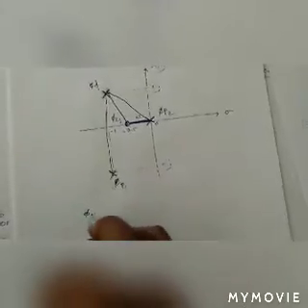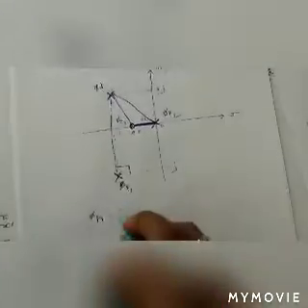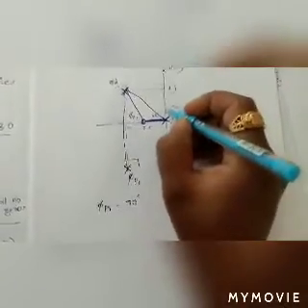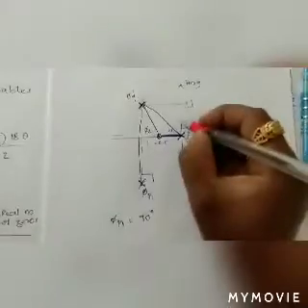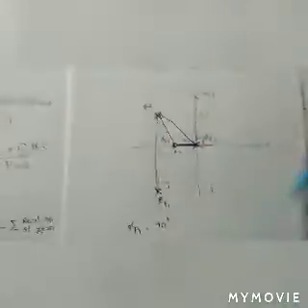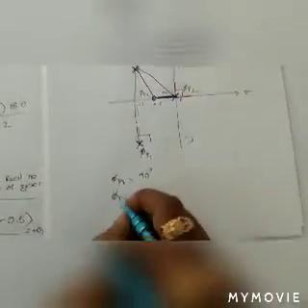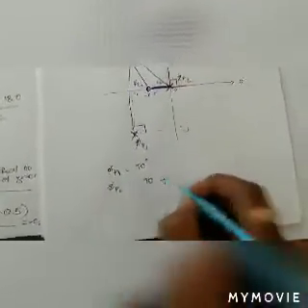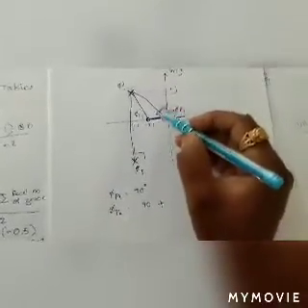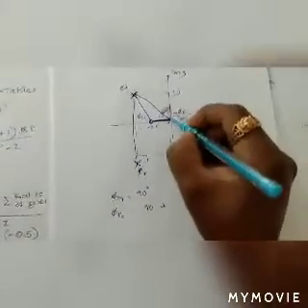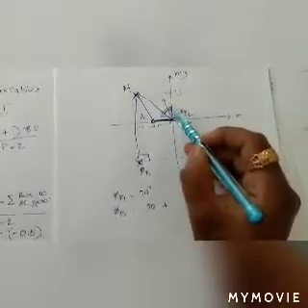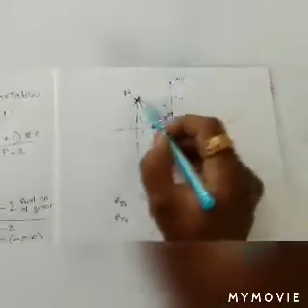Phi p1, directly we will come to know that it is 90 degree. Here also phi p2, this part is 90 degree, right? So phi p2 is equal to 90 plus, see, this part is 90. What about this angle? From this pole I will draw a line in between these two. In order to find the angle between these two, I have drawn one line which shows the opposite.